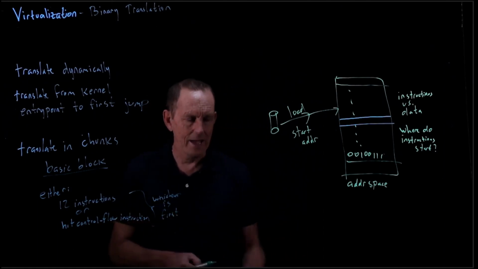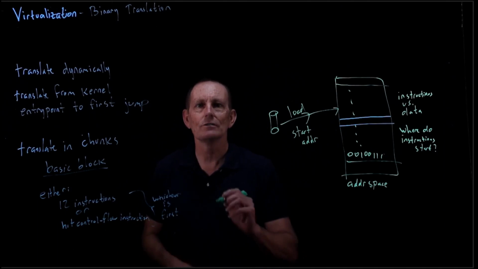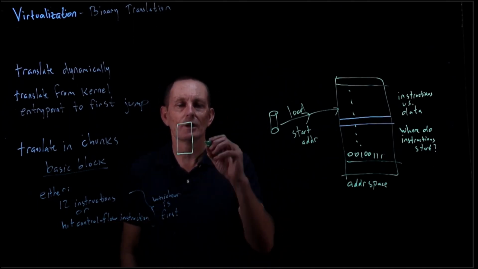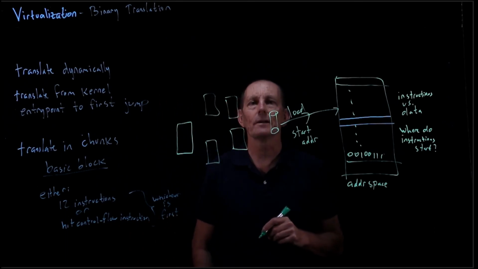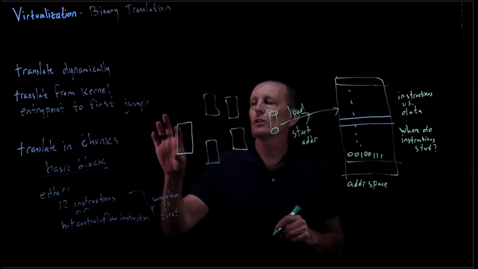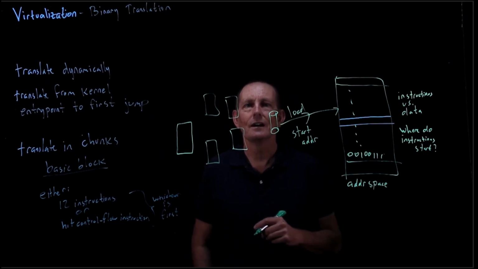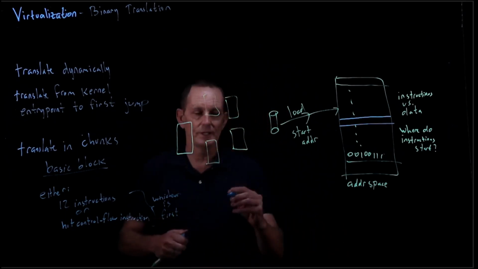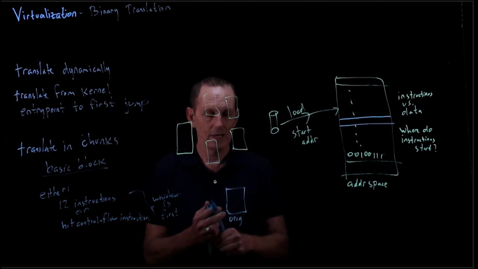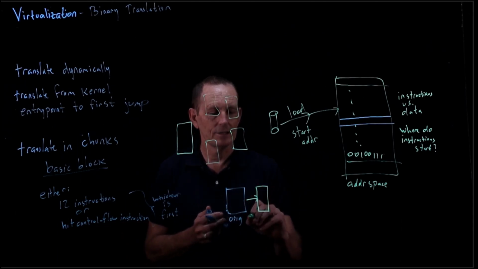So what we're going to have then is a bunch of little blocks that we're going to be generating on the fly. And our goal is for most of these, we're going to just do an identical translation. So if our original is here, then we want to translate it identically.